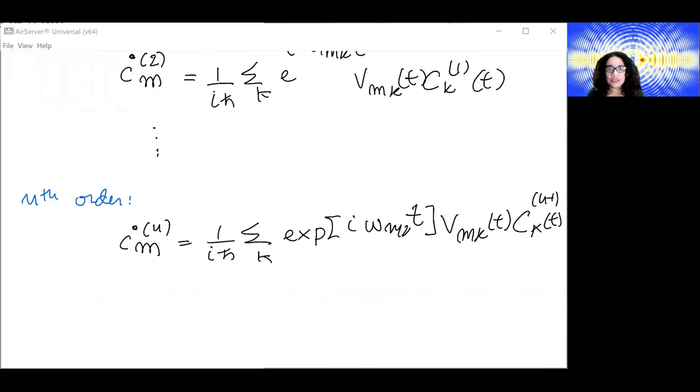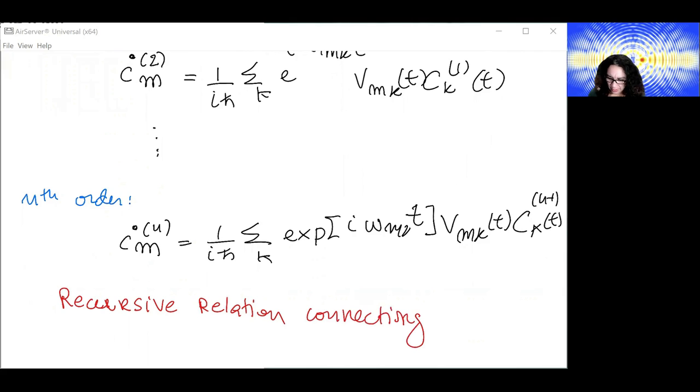We're going to do for the first and second order, but it's important to bear in mind that this is a recursive relation connecting nth to n minus first order.